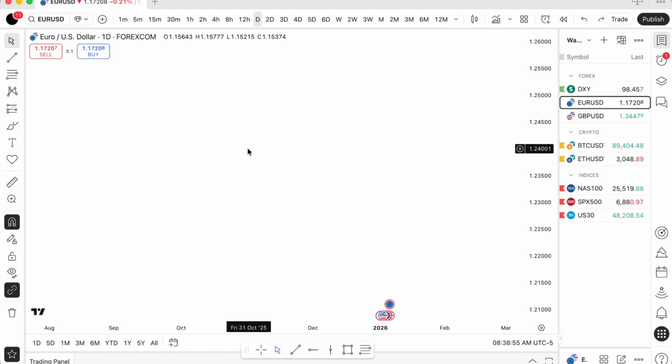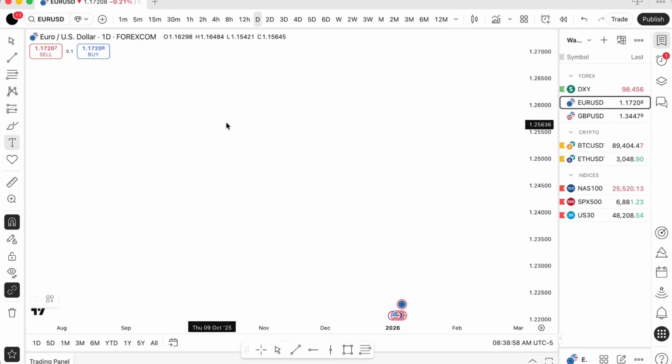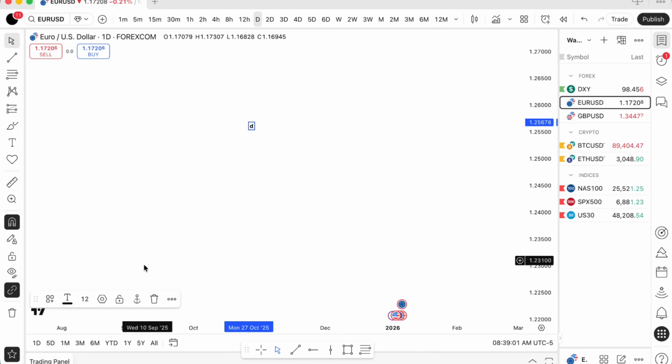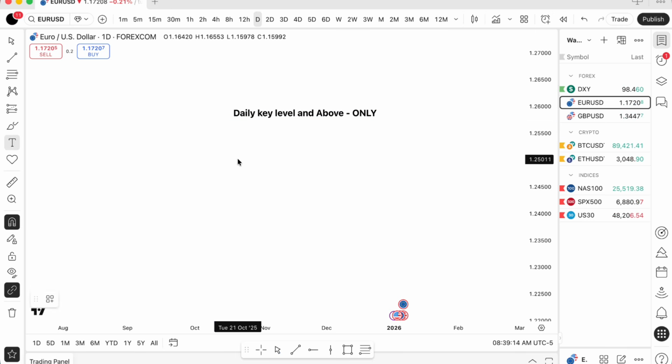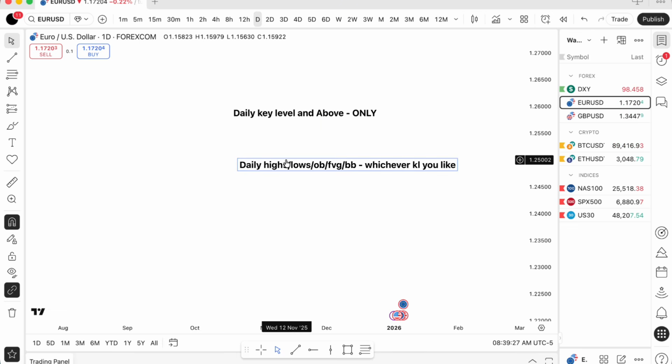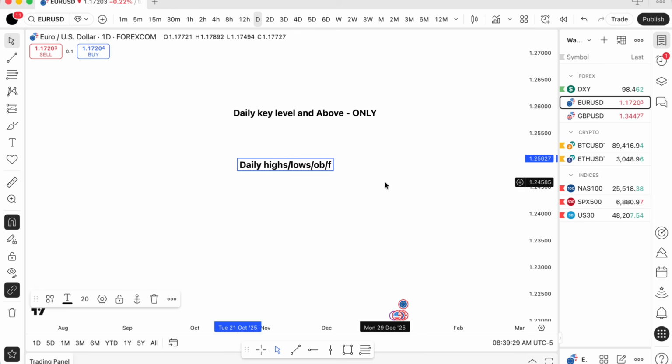And yeah, let me just start. First, whenever you look for key levels, I want you to start looking for daily key levels and above only, which means you look for daily highs, lows, order blocks, gaps, breakers, and whichever key level you like, but mainly these four.